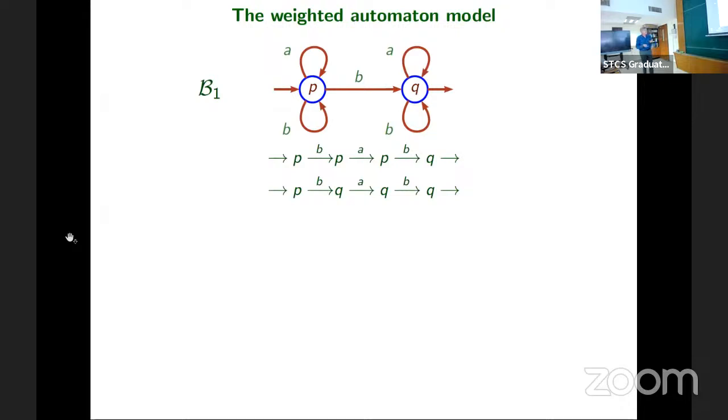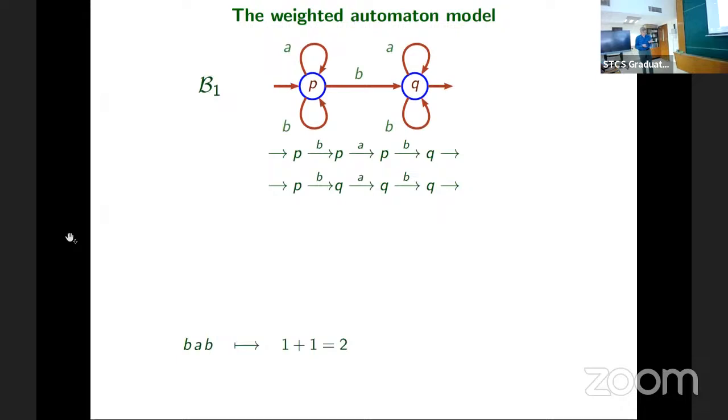So in some sense, I can say that this automaton associates with the word BAB the number 2, which means, in fact, the number of B's in BAB.